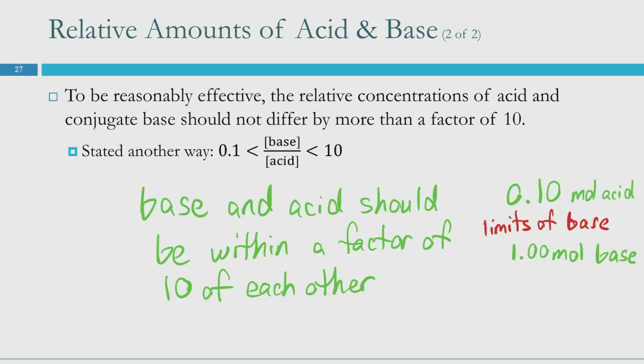That would be the high end, the most base that we would want to have in this situation, because that would be 10 times our amount of acid. That would still give us some effectiveness for our buffer. So no more than 1 mole.